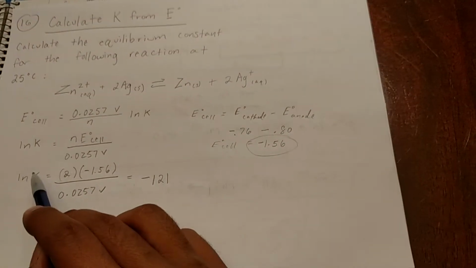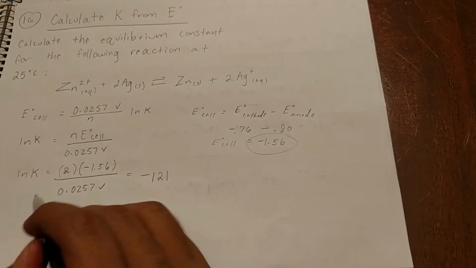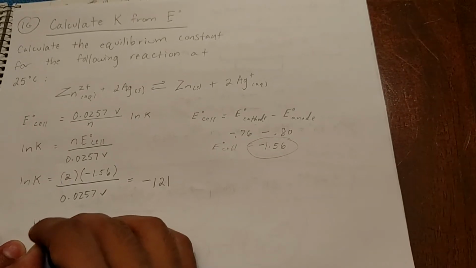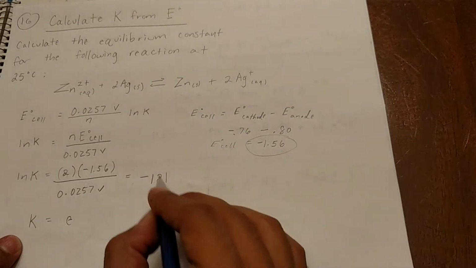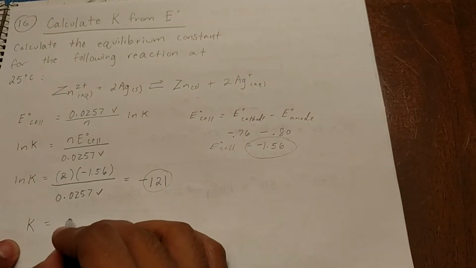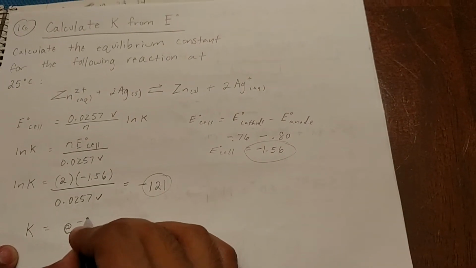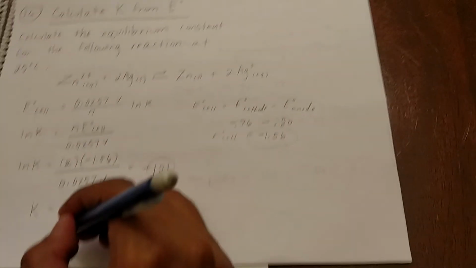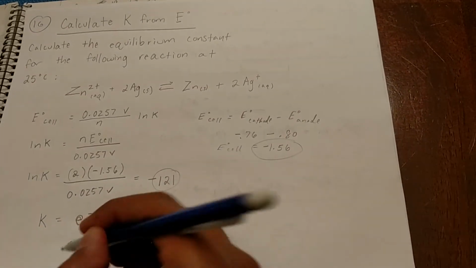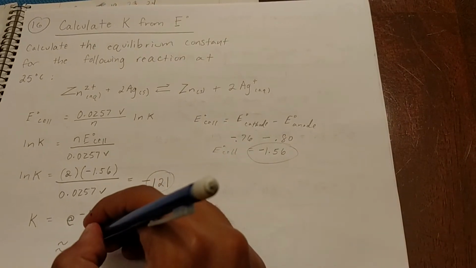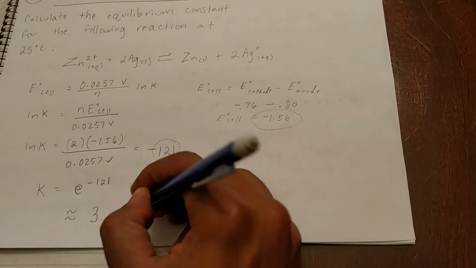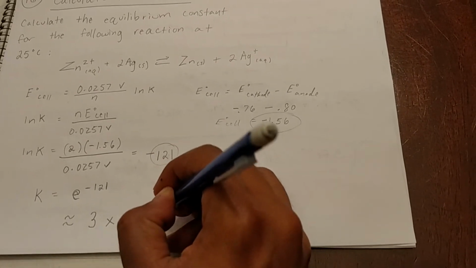We want to solve for K, so in order to do that, we have to exponentiate this value. So we do e to the negative 121, and we plug that into our calculator, and we should get a value of 3 times 10 to the negative 53.